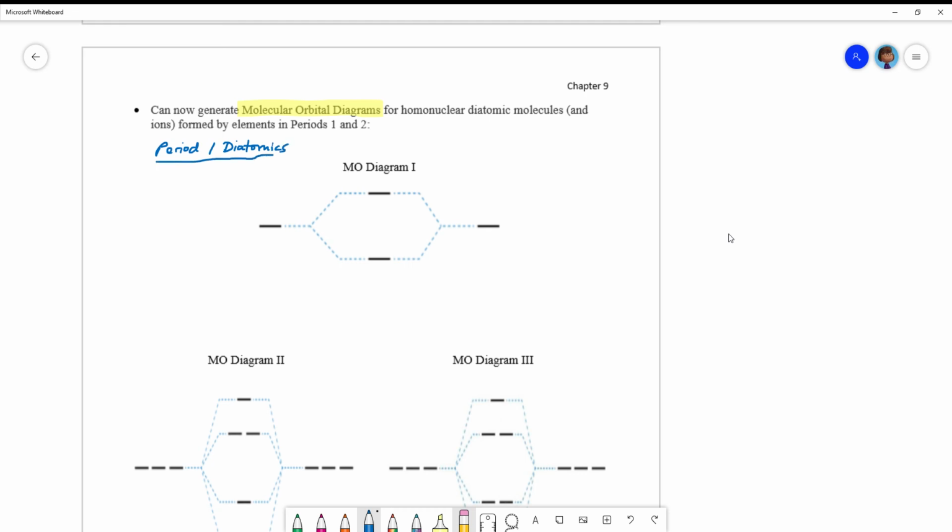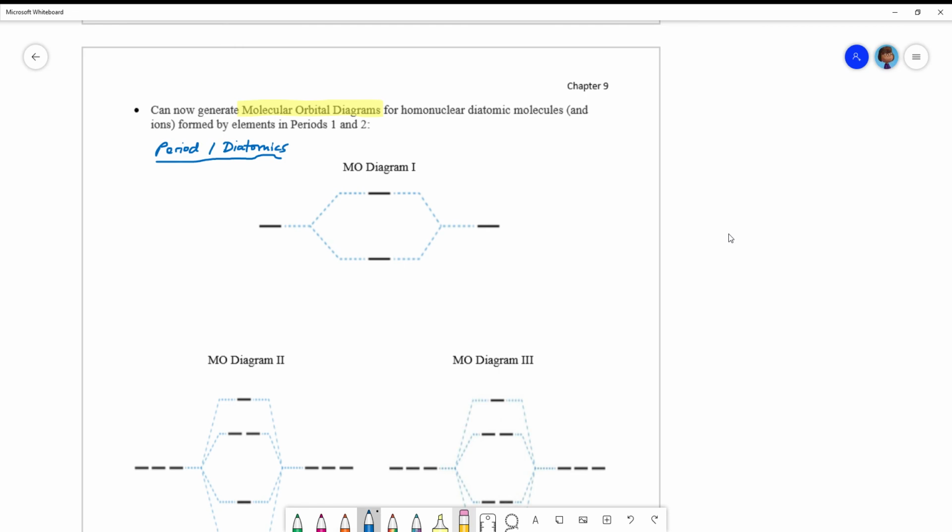Now, there are only two elements in period 1, hydrogen and helium, so we're talking about diatomic hydrogen or diatomic helium. Hydrogen and helium only have s valence orbitals. Period 1, n equals 1, all we have are s atomic orbitals.